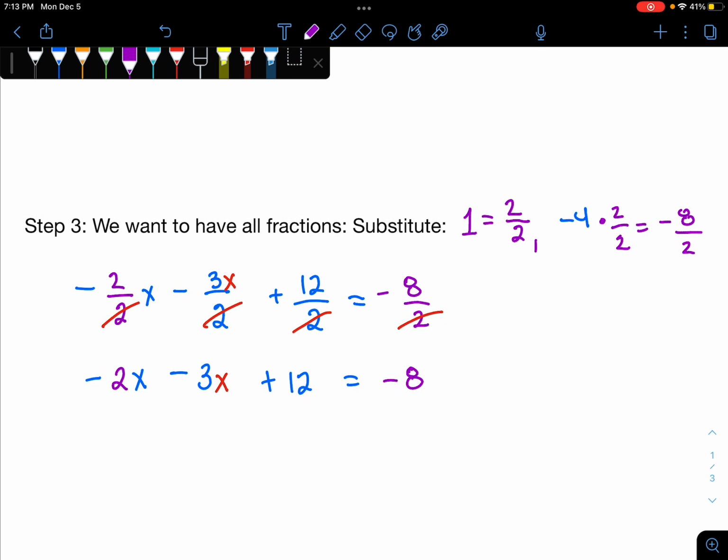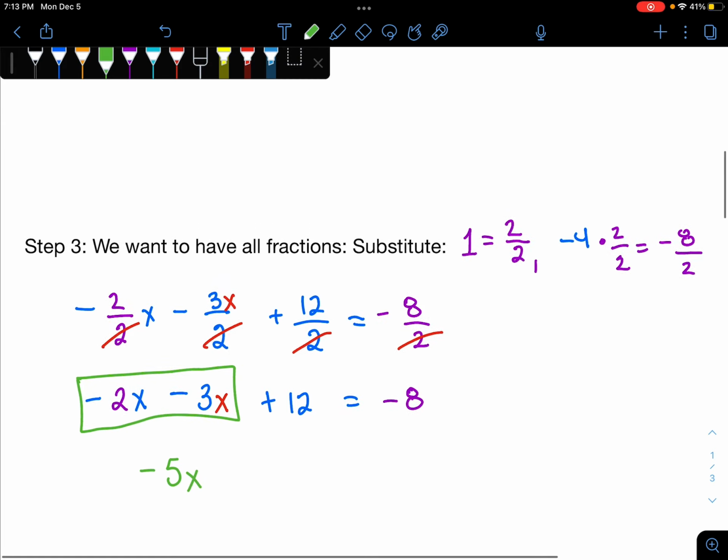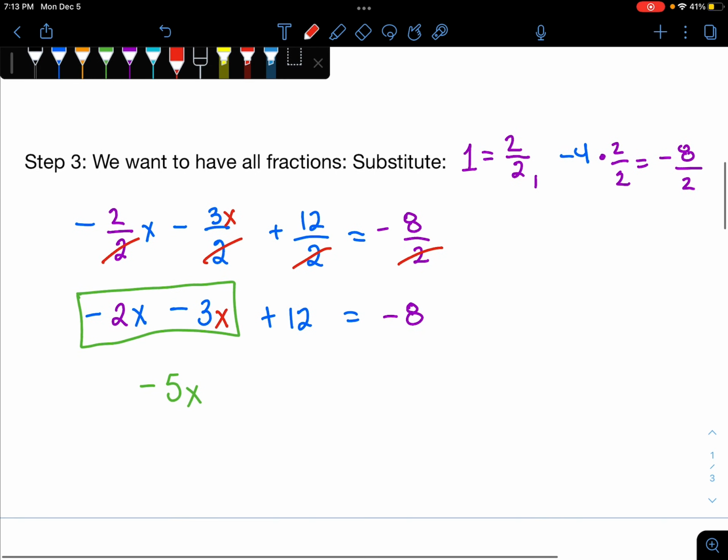So now let's combine like terms. These 2 are like terms. We have the same variable x with an exponent of 1. Negative 2x minus 3x equals negative 5x. Now let me use green. Negative 5x. And I will move this 12 to the other side, so I will subtract 12 on both sides.